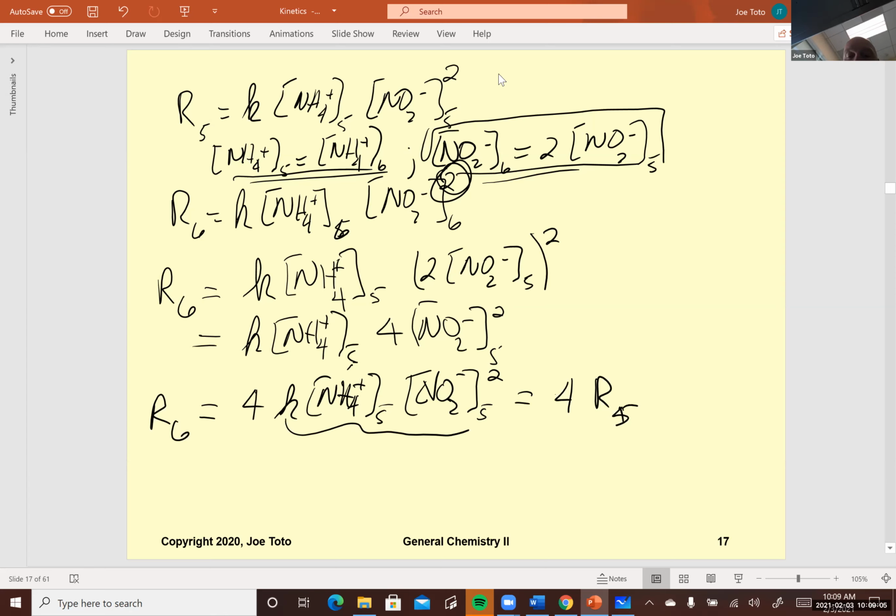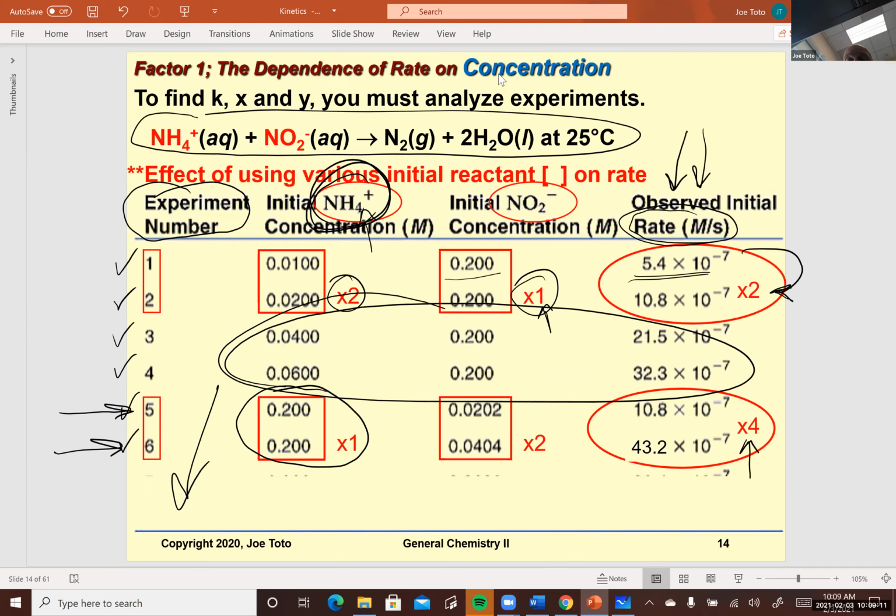So in effect, the rate quadrupled just like we saw it back here in the table. So I think that that should prove to you that these rate laws predict not only what we have in the table, but other reactions that we haven't even done yet.